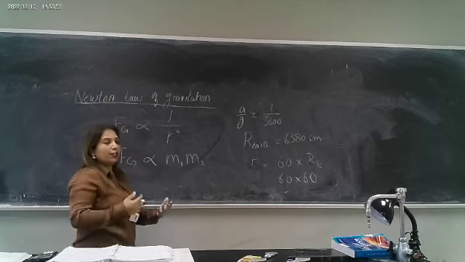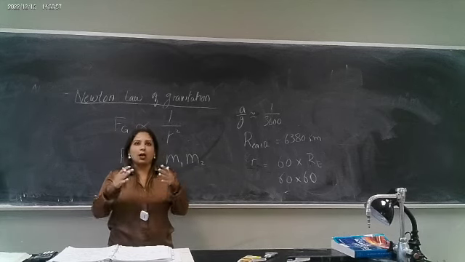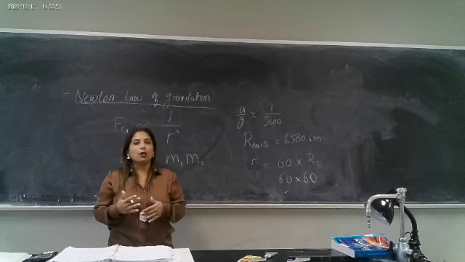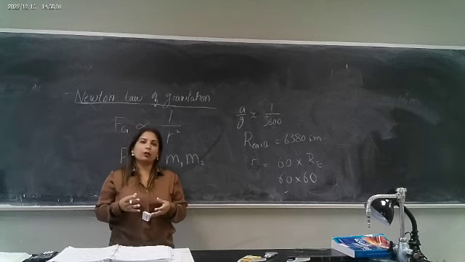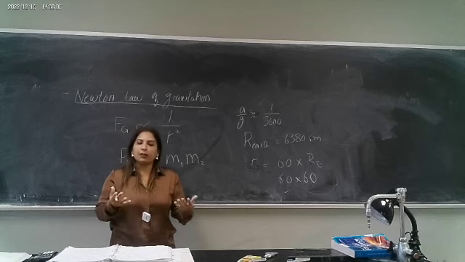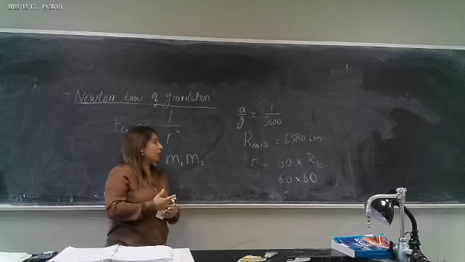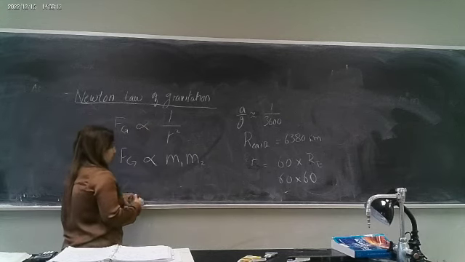It becomes very important when we are talking about large masses. It becomes very negligible when we are talking about objects which are at regular distances from each other and have small sizes. It's mainly the size which is affecting the value of the force of gravity.